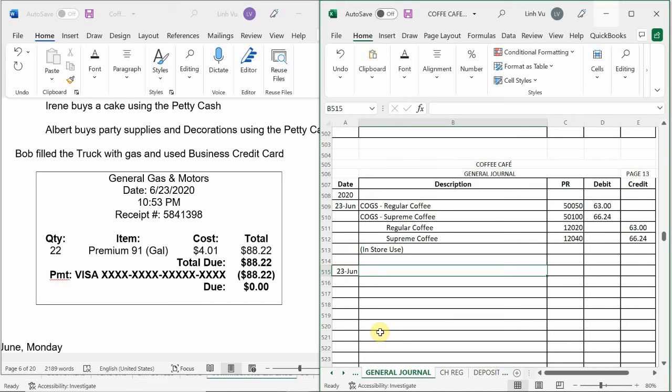So checking. Bob used his business credit card. Visa. It'd be Visa payable. Okay? And how do I associate this gas? By the receipt number. Okay, I meant so we bought gas, right? Mm-hmm. How would you categorize this?